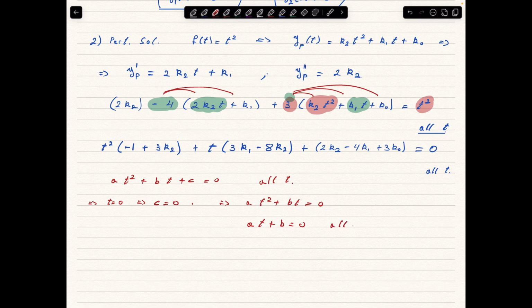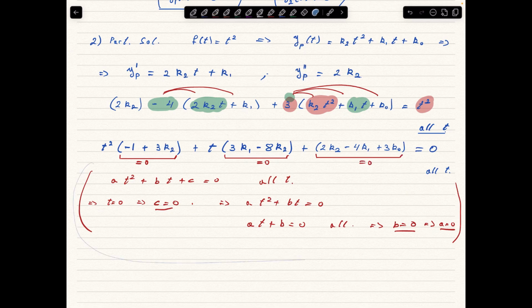And now we can evaluate at 0 again, and that implies that b has to be 0, and if b is 0, that implies that a has to be 0. So this is a simple argument to show that each coefficient has to be 0, because this is an equation that has to hold for all t.